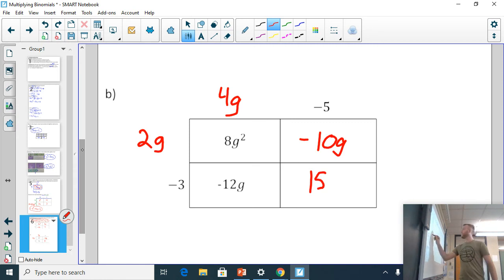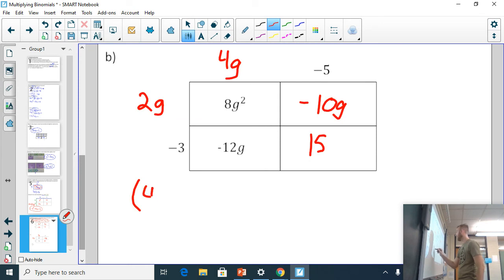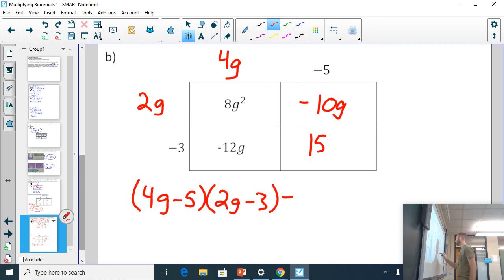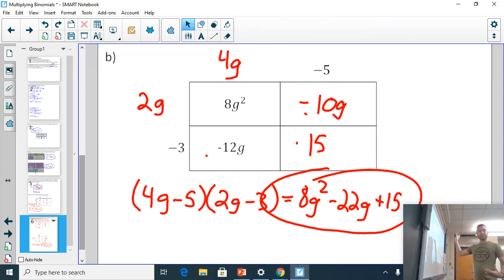And so then if we were to write this out, what this tells us is that the top one there, 4g minus 5 times 2g minus 3 equals, and then we have our top, our 8g squared minus 10g minus 12g together is minus 22g. And then we have a plus 15 at the end. And that is completing those area models and writing the equations, the algebraic expressions from them.